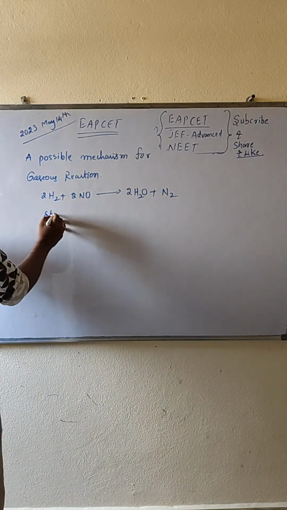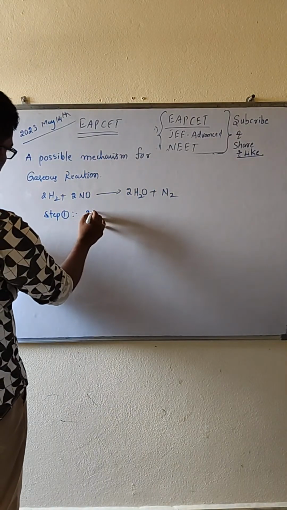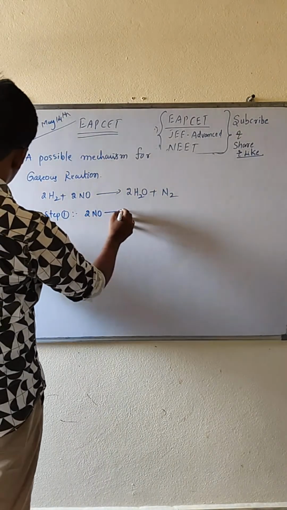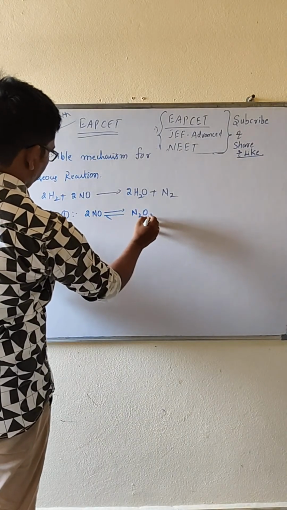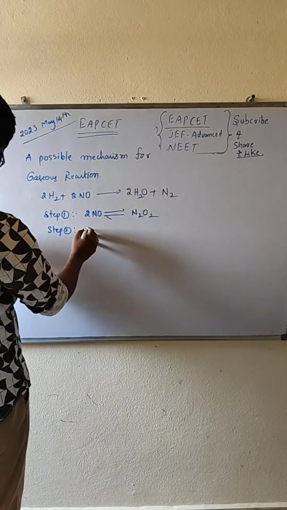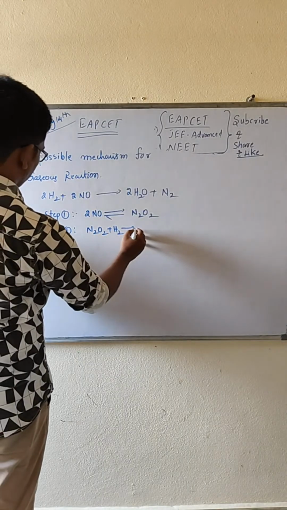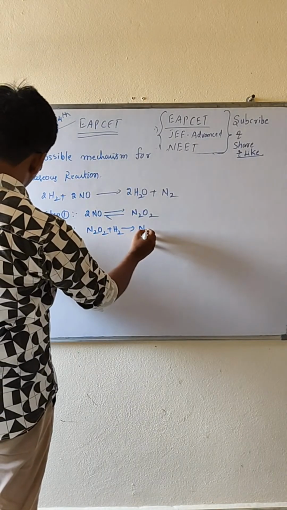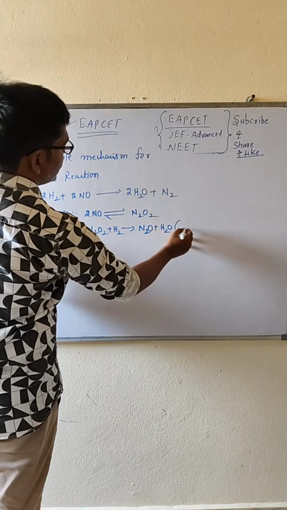Then step 1 they have mentioned: 2NO, then equilibrium reaction, that is N2O2. Then step 2, that is N2O2 plus H2 gives rise to N2O plus H2O. This they have mentioned as the slow step.